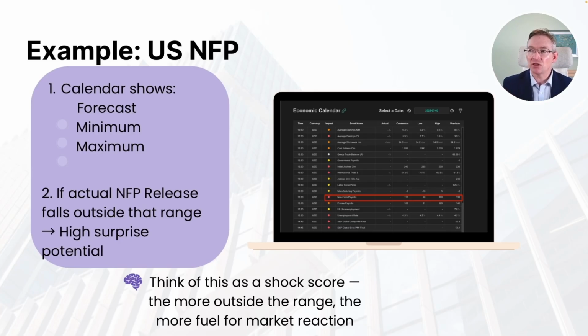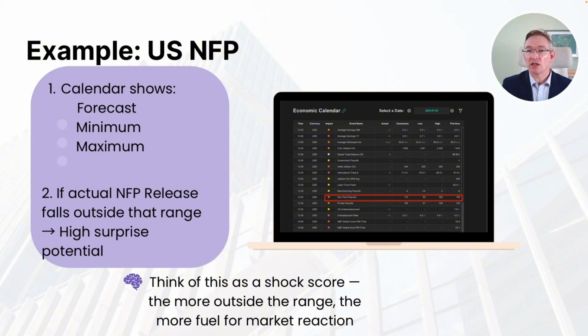So that tells you that if the actual non-farm payroll release comes outside of the low and outside of the high of that range, that's truly a surprise. So for instance, if you're looking at this data point, you're thinking, okay, if it's a low surprise, that's going to really surprise markets.